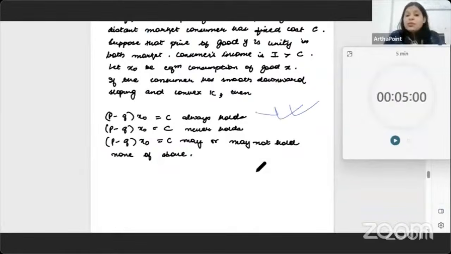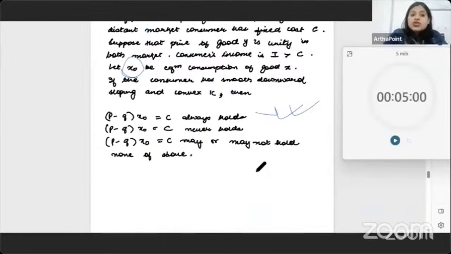But no. For this to hold, we are assuming that x naught is the equilibrium consumption bundle, which is the same in the two cases. It's not the same, no?